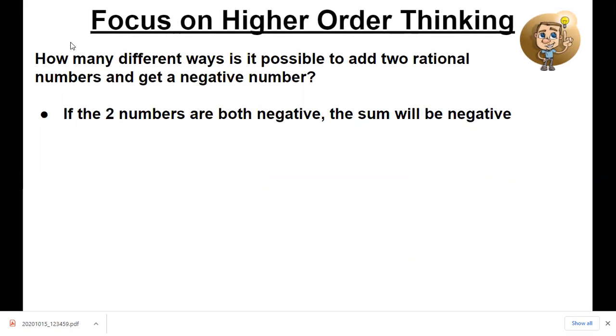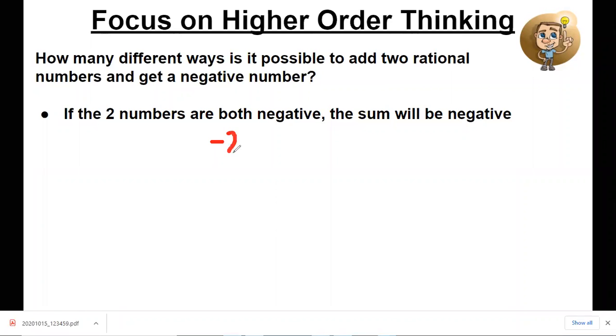I could say if we had negative 2 plus negative 3, we would get negative 5, right? Same would be with fractions. If I had negative 1/2 and I added another negative 1/2, I would get negative 2/2, or negative 1, right?